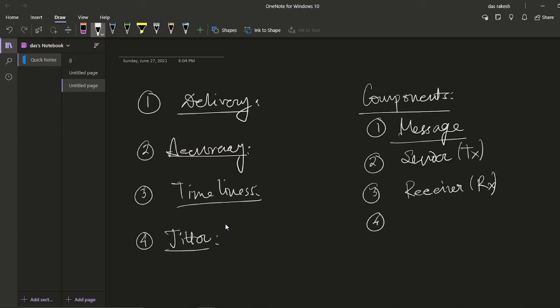Number 4 is the transmission medium, which is very important. There are several transmission media used today, wired or fiber media like twisted pair, coaxial cable, fiber optic cable, and in wireless, radio. Number 5, most important, is the protocol.